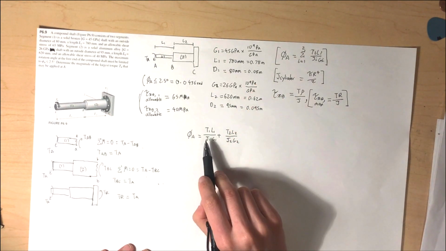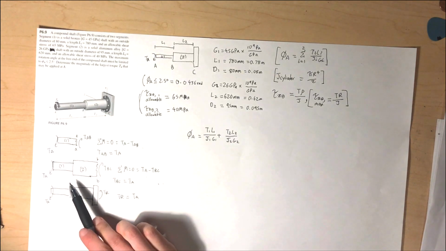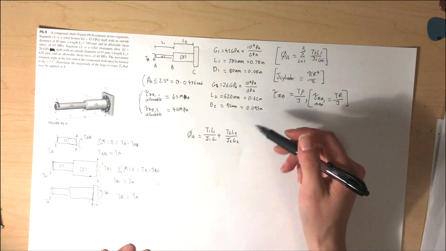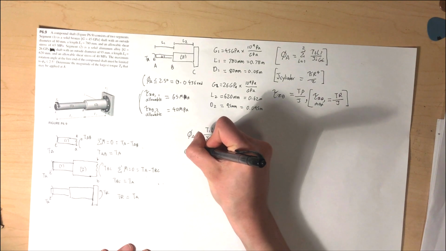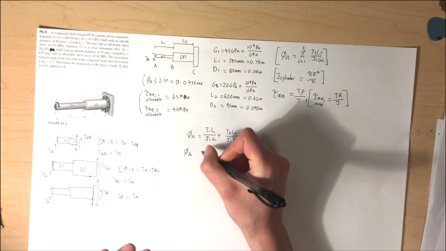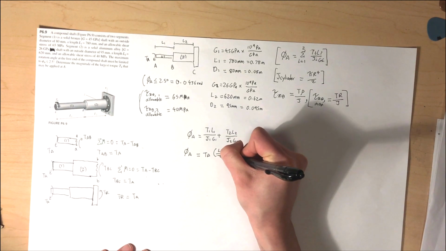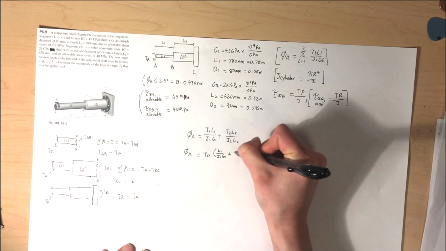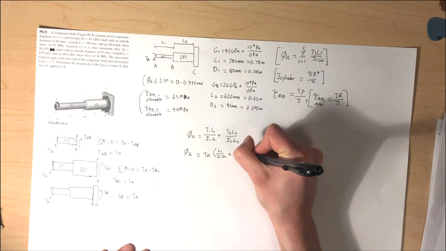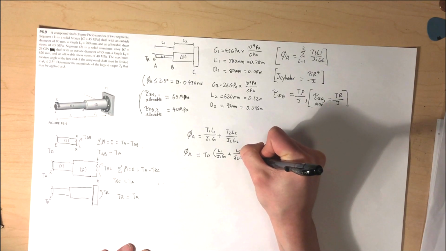Now we know that T1 and T2 are going to be equal to TA, so we can say phi of A is equal to TA times L1 over J1 G1 plus L2 over J2 G2.